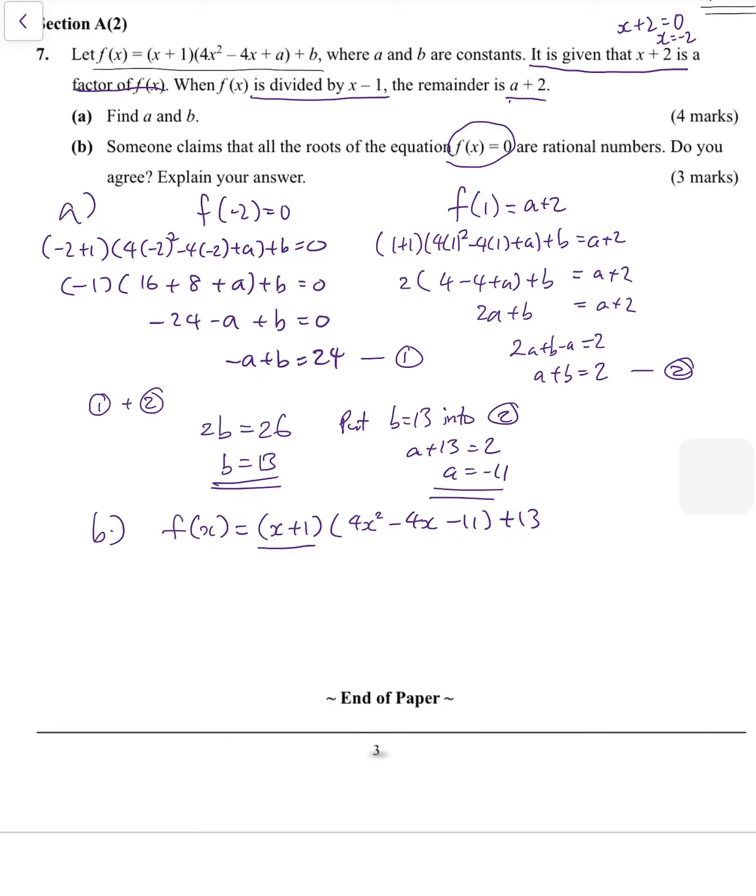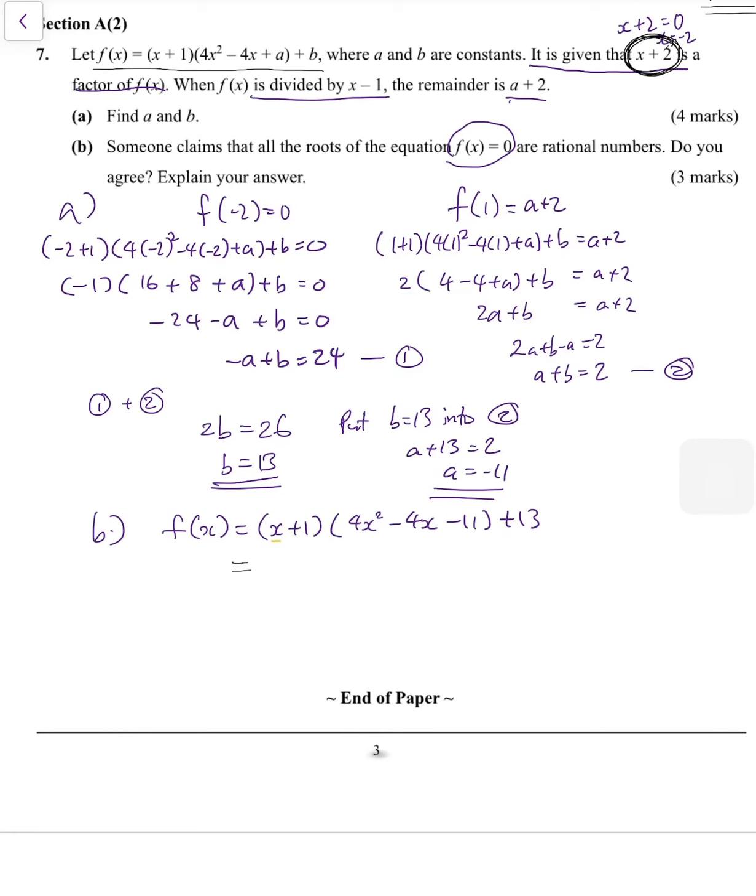For that reason, we have to open up the bracket, expand it, and then use the correct factor, x plus 2, to factorize it, because only when we use a factor can we factorize something completely. x plus 1 wasn't a factor, so we couldn't completely factorize it. There was a 13 at the back, so we have to expand it and use the factor.